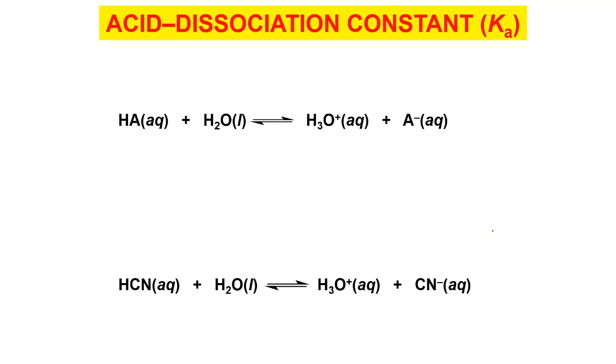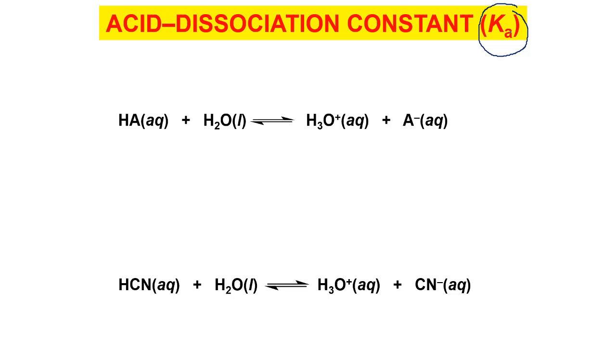Now we move on to the acid dissociation constant, Ka, and it is applicable to weak acids only. The symbol is Ka. So what is Ka?